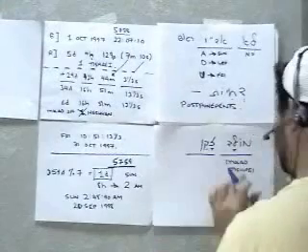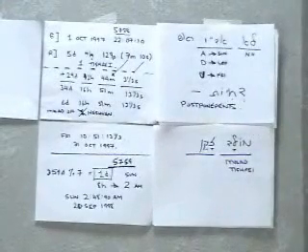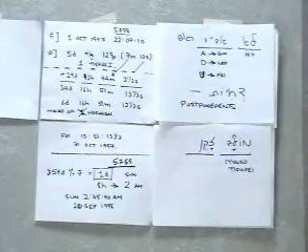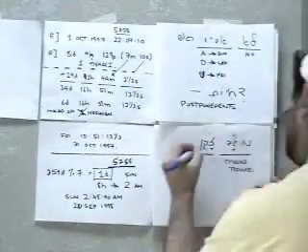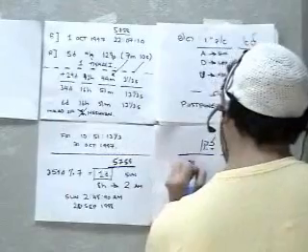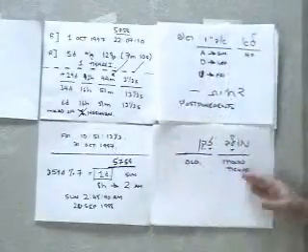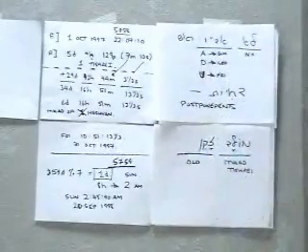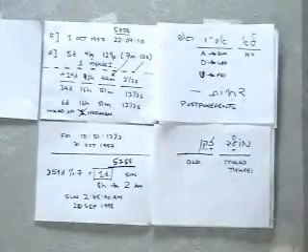Anybody know what the word Zaken means in Hebrew? Zaken means old. So if that Molad of Tishrei is old, and I'll define what old is in a second, then it's pushed off to the next day.